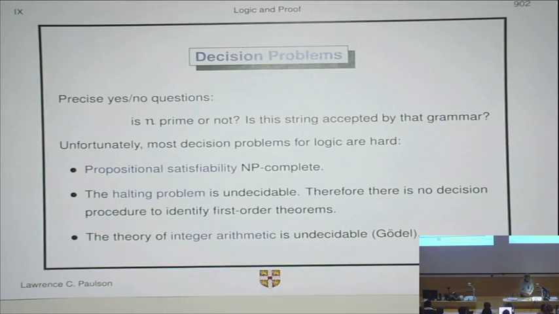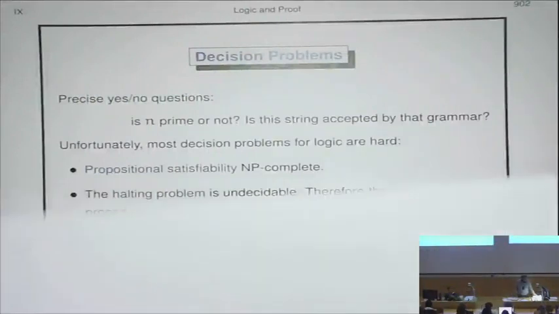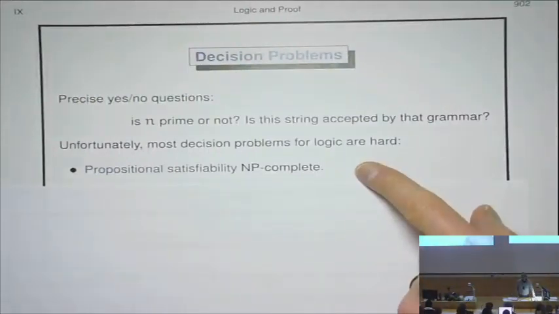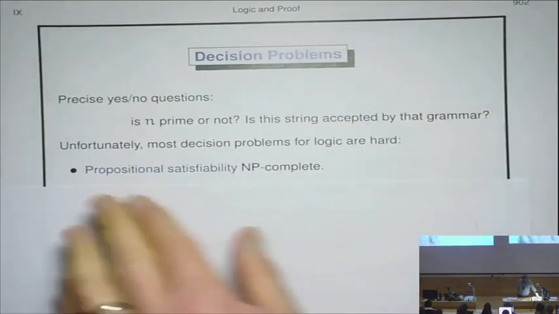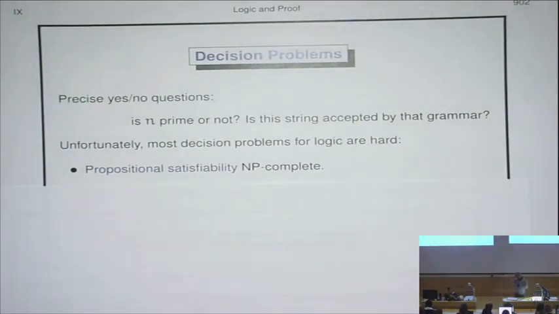So lots of decision problems are, in fact, not solvable, like the halting problem. You know that's undecidable. And many other things turn out to be decidable but hard. So you've probably heard, although you don't get it till next term, the satisfiability problem for propositional logic, that is the exact problem solved by SAT solvers, is a so-called NP-complete problem.